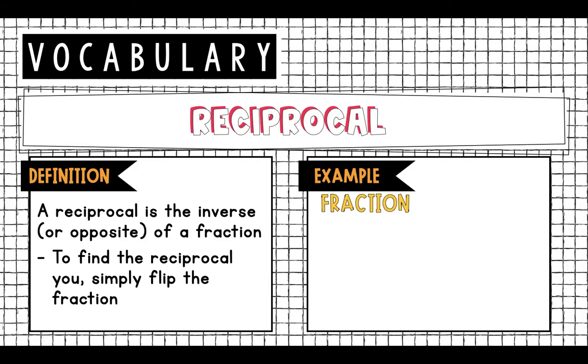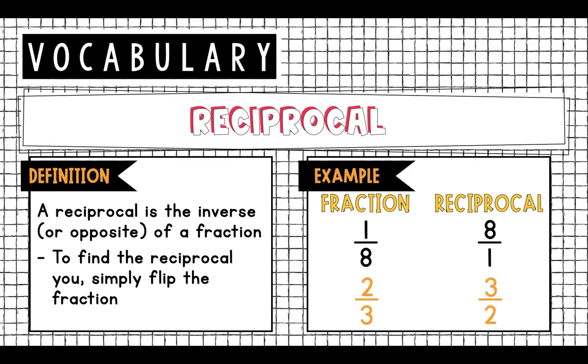If I have the fraction 1/8, the reciprocal of 1/8 would just be the inverse or the opposite of that fraction, which means I just need to flip the numbers. So the reciprocal of 1/8 would be 8 over 1. Another example is if we have the fraction 2 over 3, or 2/3, the reciprocal would then be 3 over 2, or 3/2.